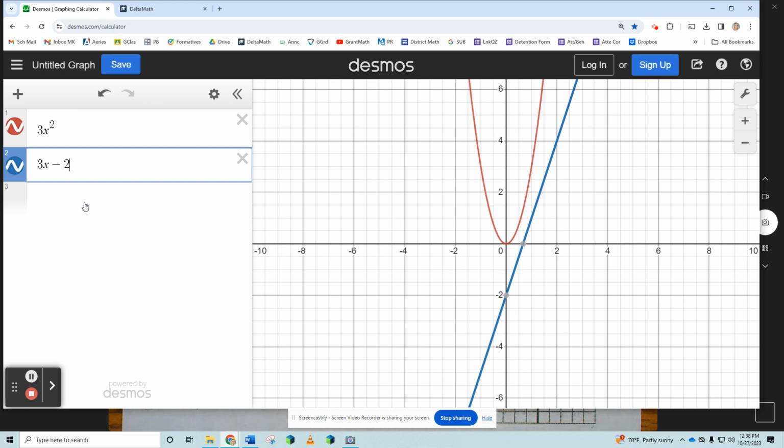Okay, graph those on your paper. Draw the lines, please. And then figure out where they're going to intersect.